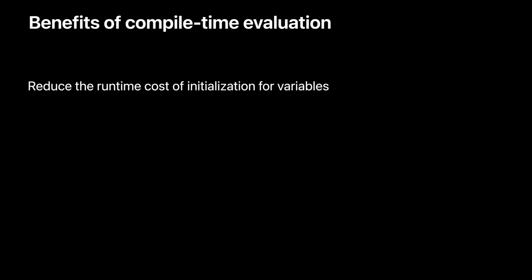This could help reduce your app launch time if your app has a lot of C++ code that depends on complex initialization sequences. In addition to that, compile-time code evaluation can help you validate constants that require validation at compile time. This could help you catch bugs before your code even runs.